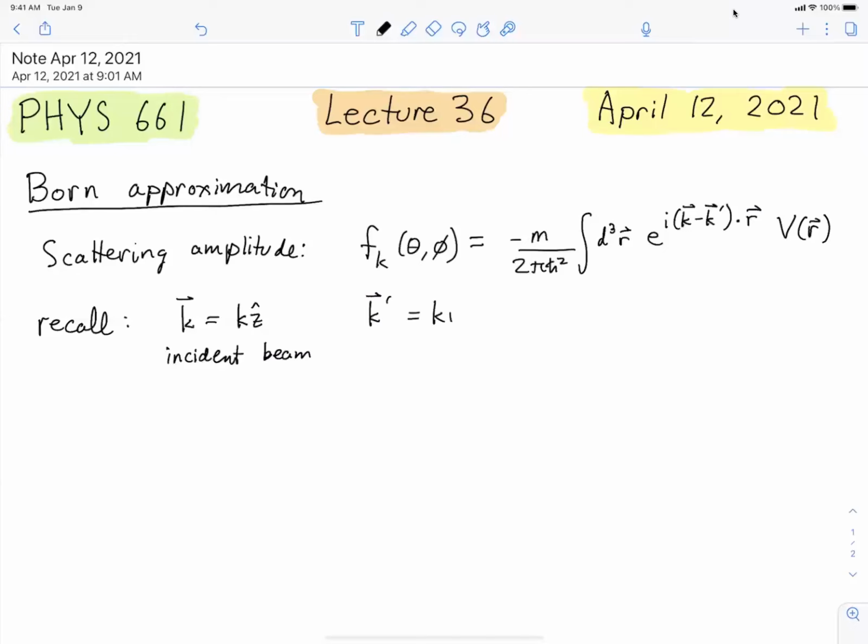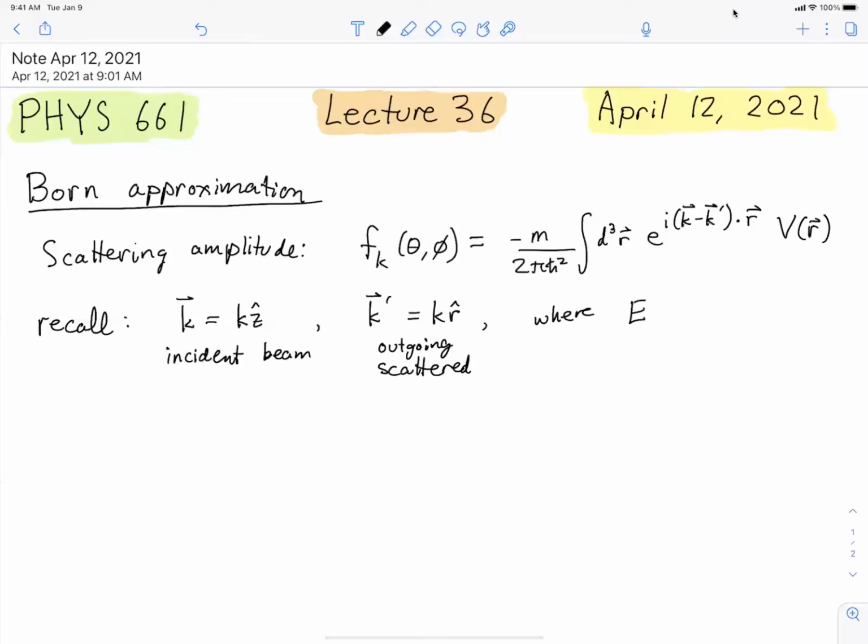So to us, they're moving in the radial direction. So this is for the outgoing scattered particles. And both of them have the same magnitude.